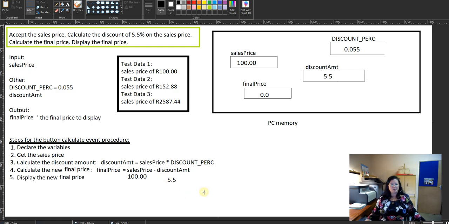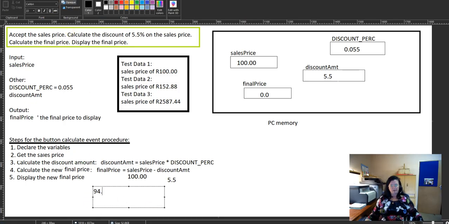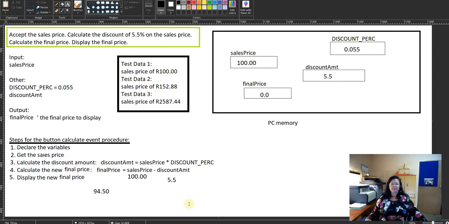So 100 minus 5.5, and the result will be 94.50. And that result, we said, must be saved in final price, and that is exactly what the computer will do. It saves it in final price.